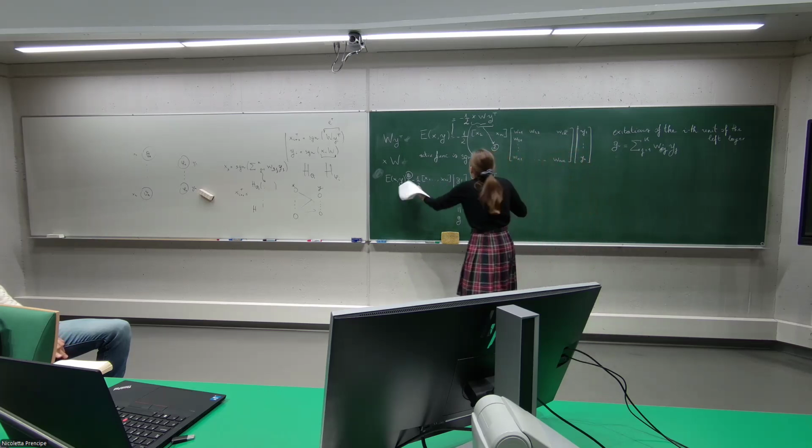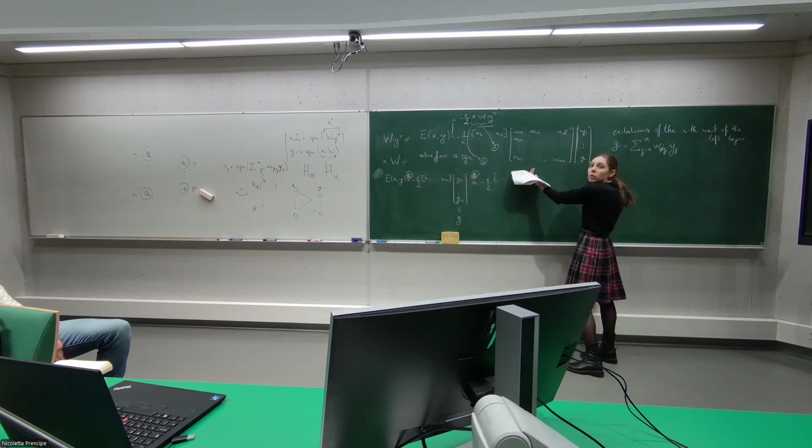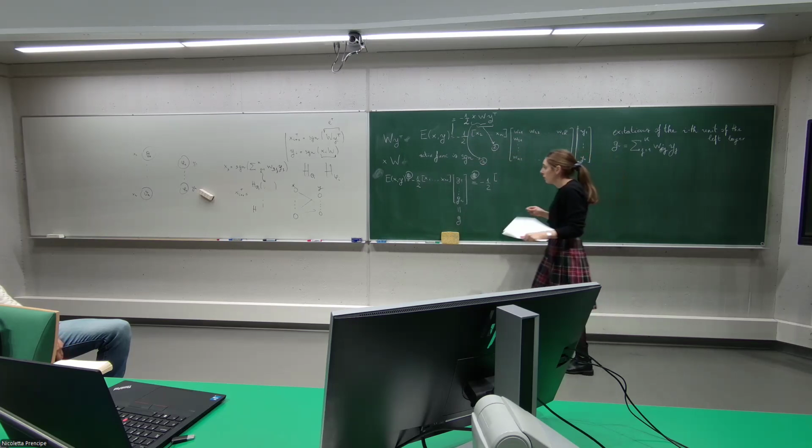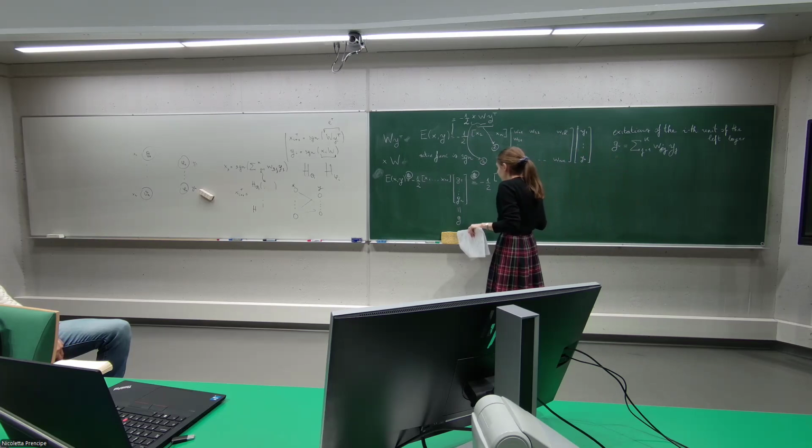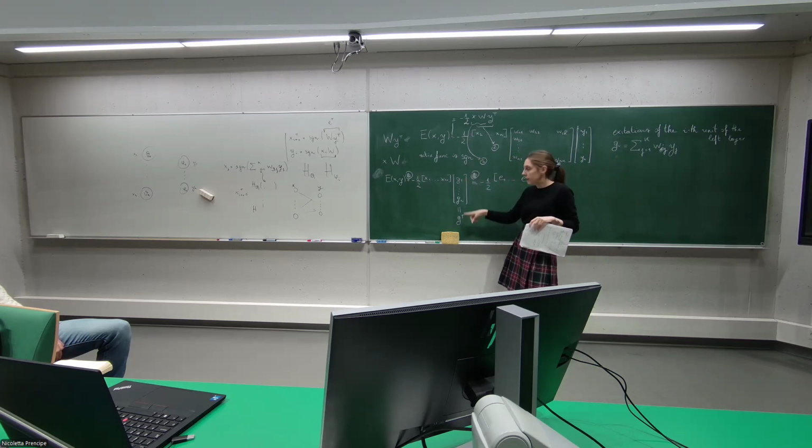And here I'm using 2 because I'm multiplying before these two, the matrix and what? E1, EK, G1, this is G transpose, the excitation vector of the left layer.